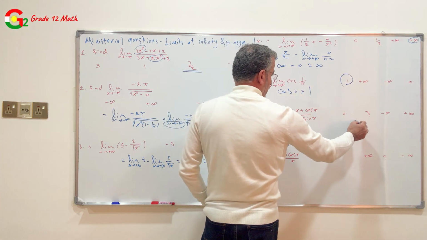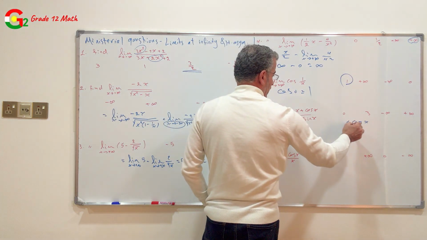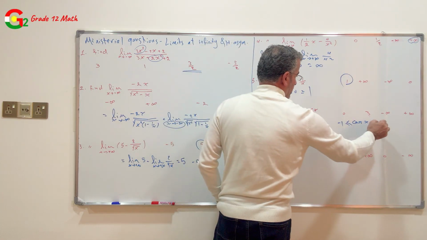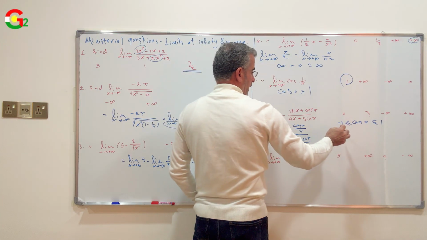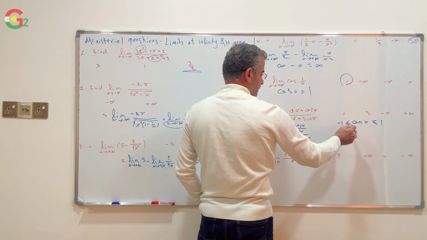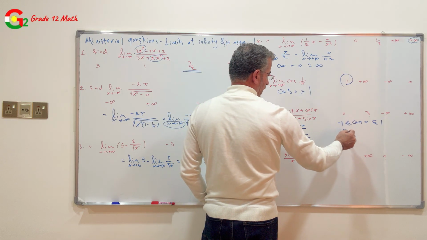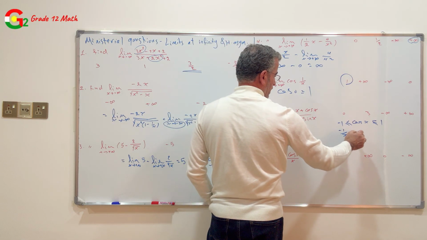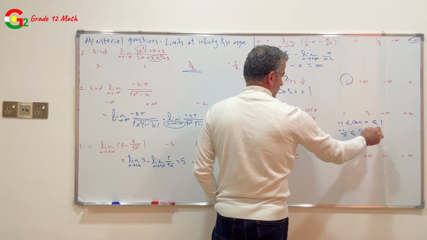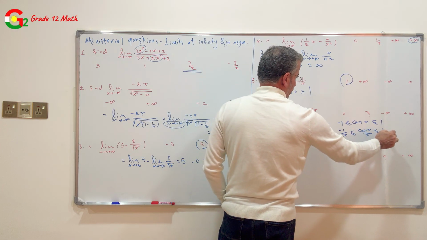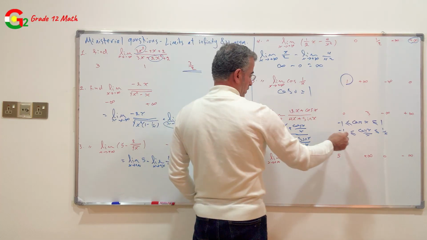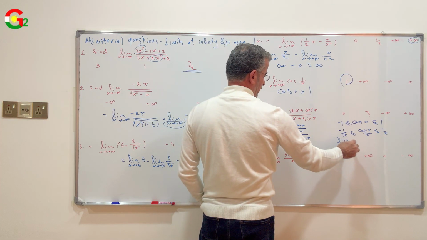Since cosine x is greater than or equal to negative 1 and less than or equal to 1, the range of the cosine, divide all sides by x: negative 1 over x is less than or equal to cosine x over x, less than or equal to 1 over x. Take the limit for all sides when x approaches negative infinity.